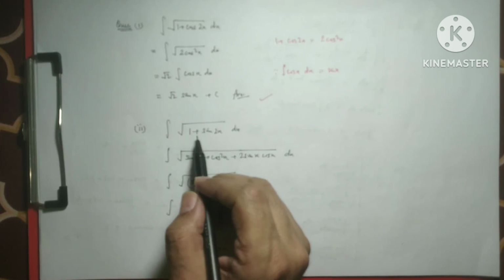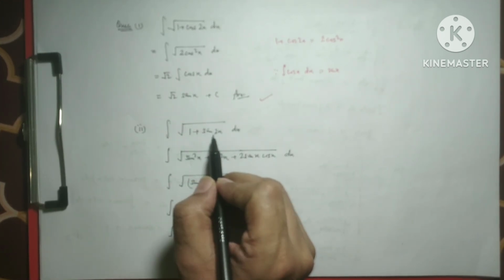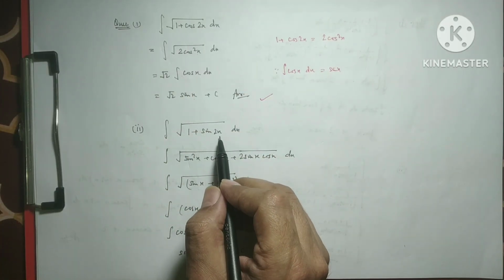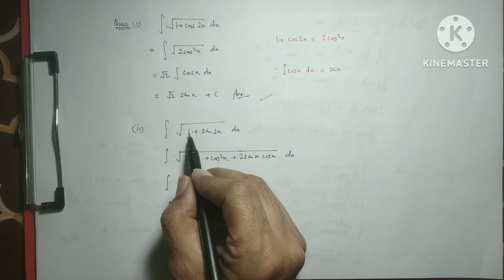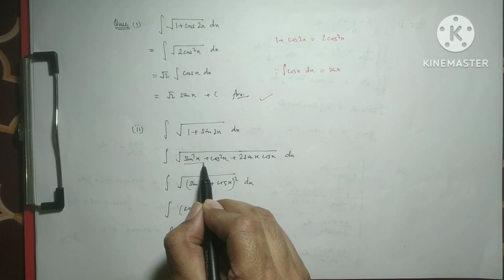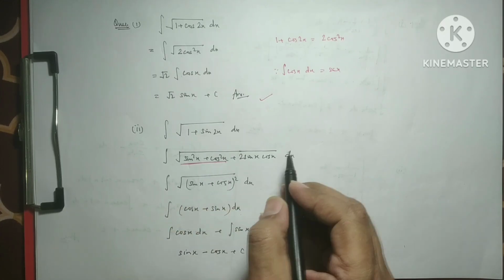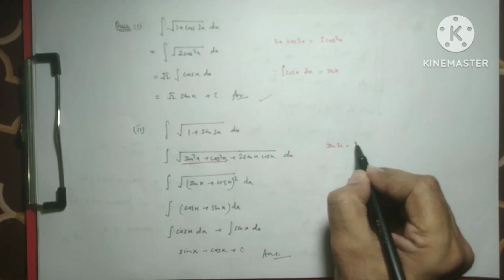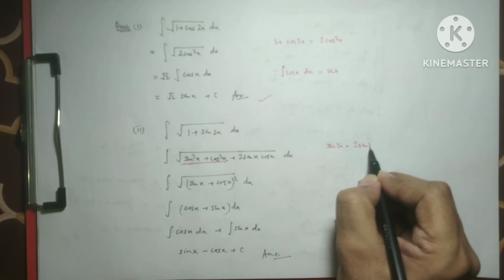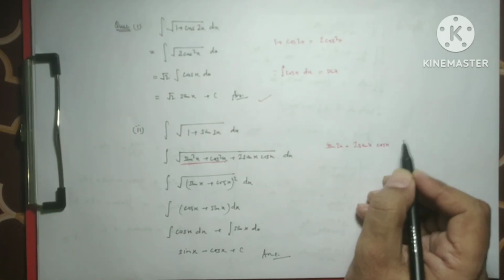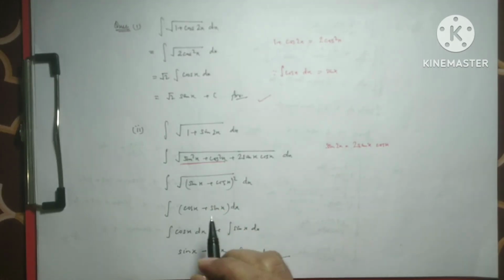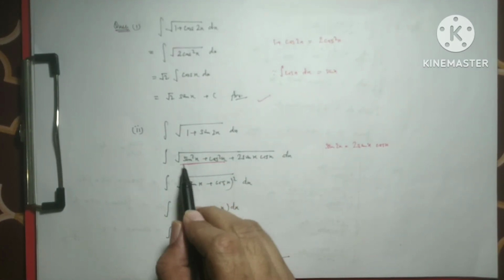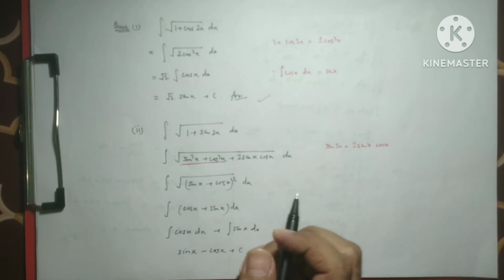Now next, this is the under root of 1 plus sin 2x. A little bit of difference: this is cos 2x, this is sin 2x. So we know that 1 is sin square x plus cos square x, and the formula of sin 2x is 2 sin x cos x. So we put it, and this is a square plus b square plus 2ab, that becomes (a plus b) whole square.